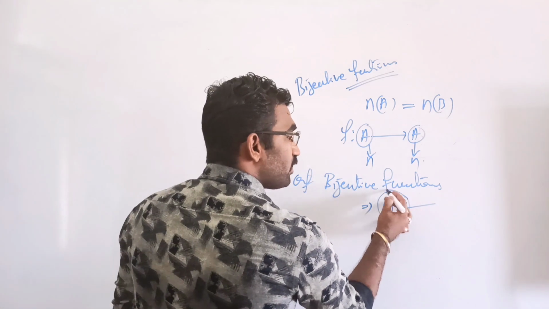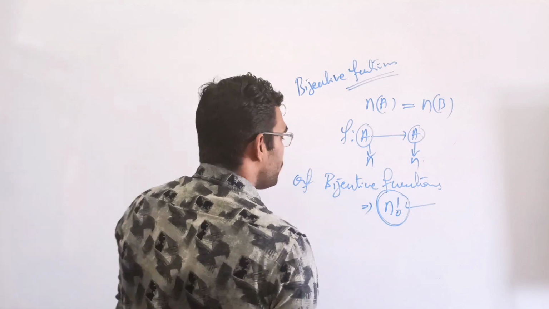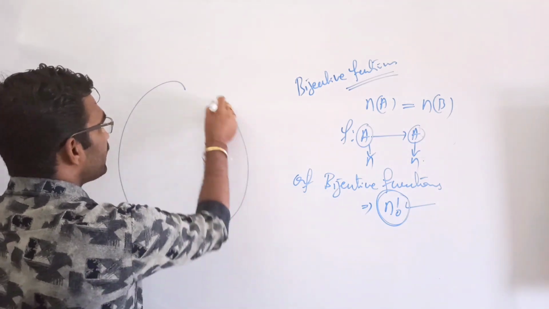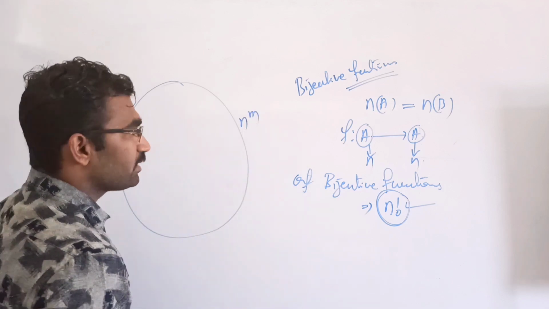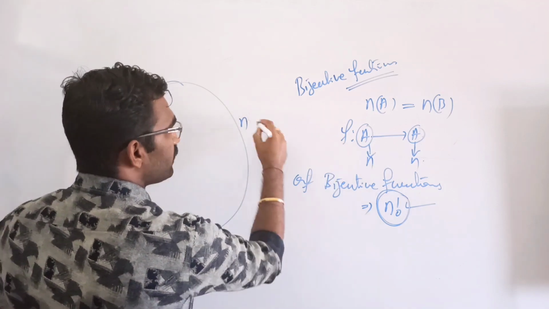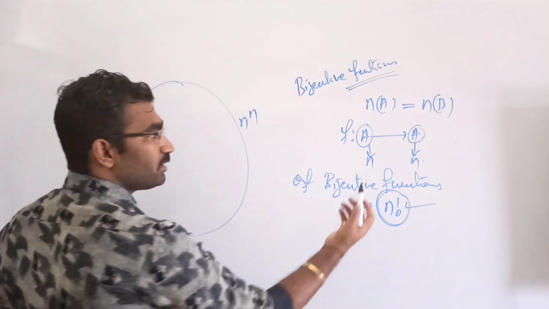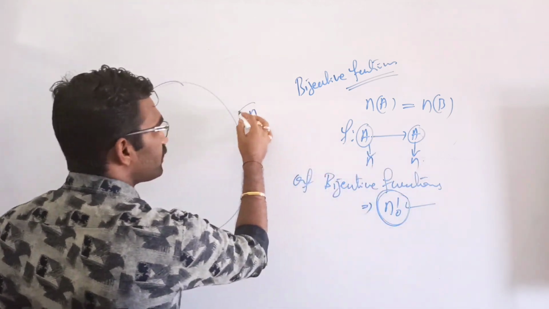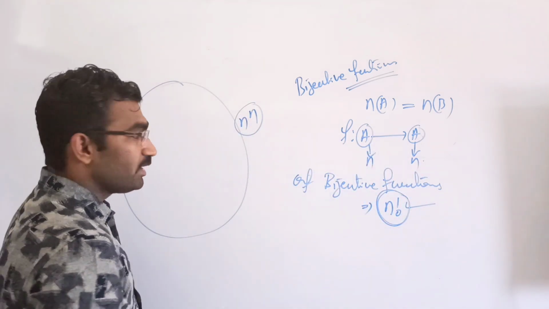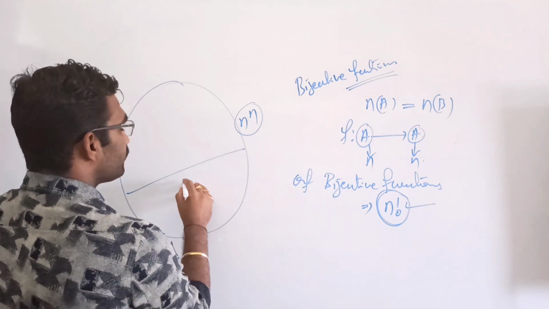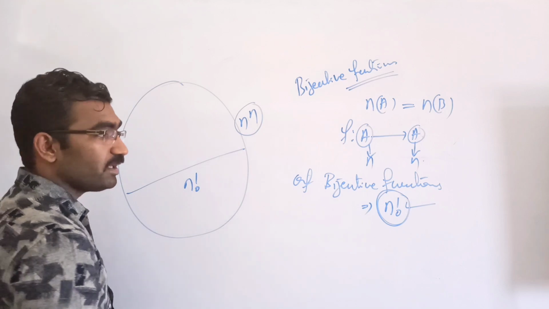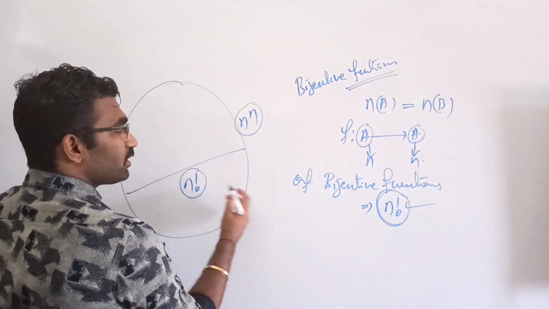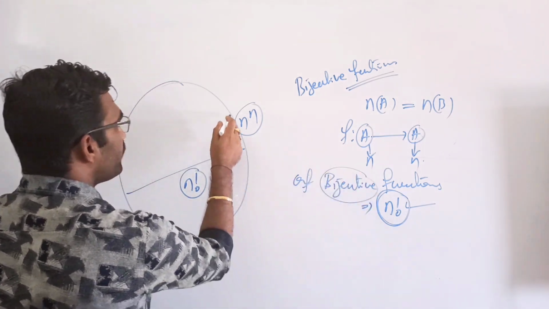if they ask you the number of functions which are not bijective, we know the total number of functions is n raised to n here. In that, some functions are n factorial in number, which are bijective. Then how many are remaining?